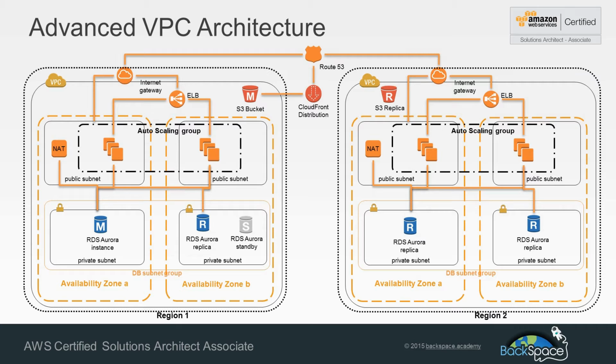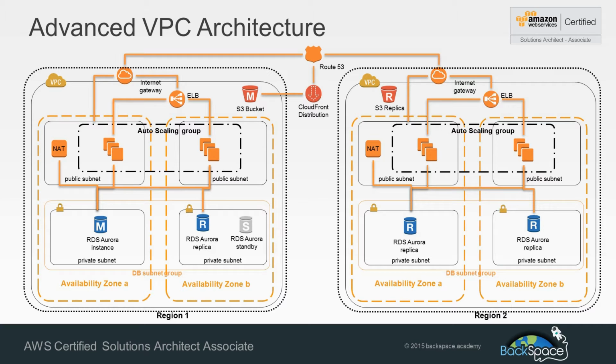Because our static assets are going to be located in an S3 bucket, we can use the new capabilities of cross-region replication for S3 to create an S3 replica in that new region. The same with RDS Aurora.